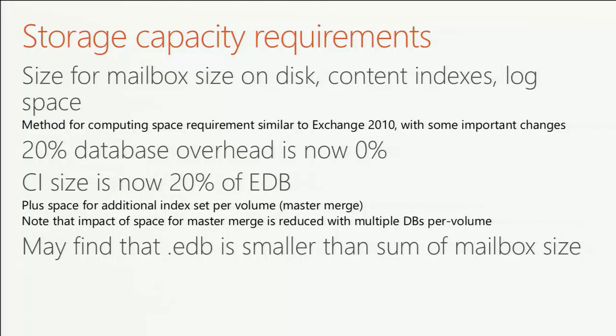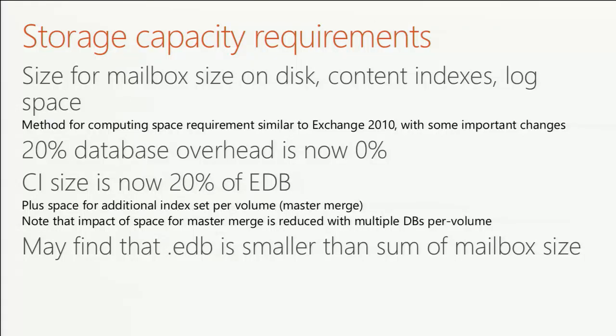In 2010, in our sizing guidance, we had a fixed percentage overhead that we had a bunch of different names for. But essentially, it was kind of a fluff factor. We thought of it as the percentage difference between that first number that I talked about, that size of all your messages on disk, and what amount of space that database actually took on disk.